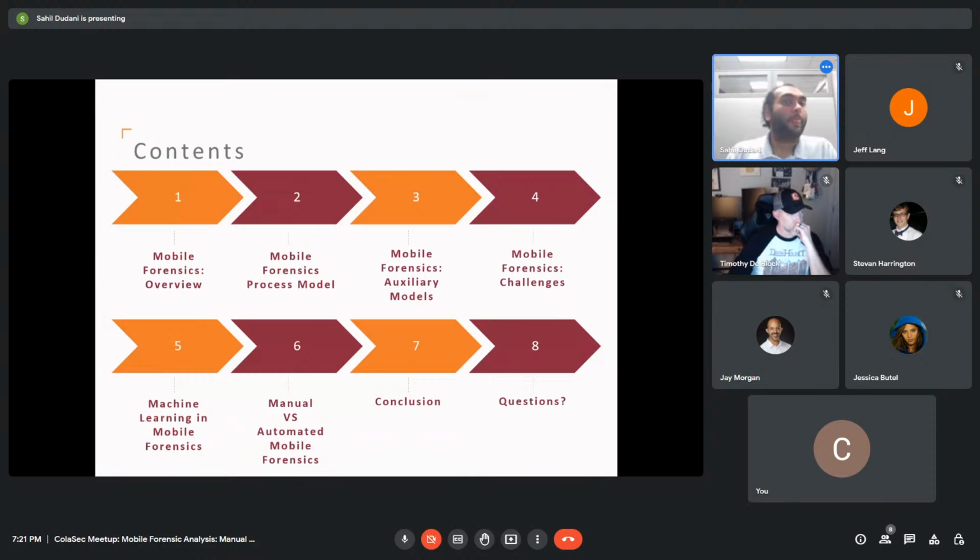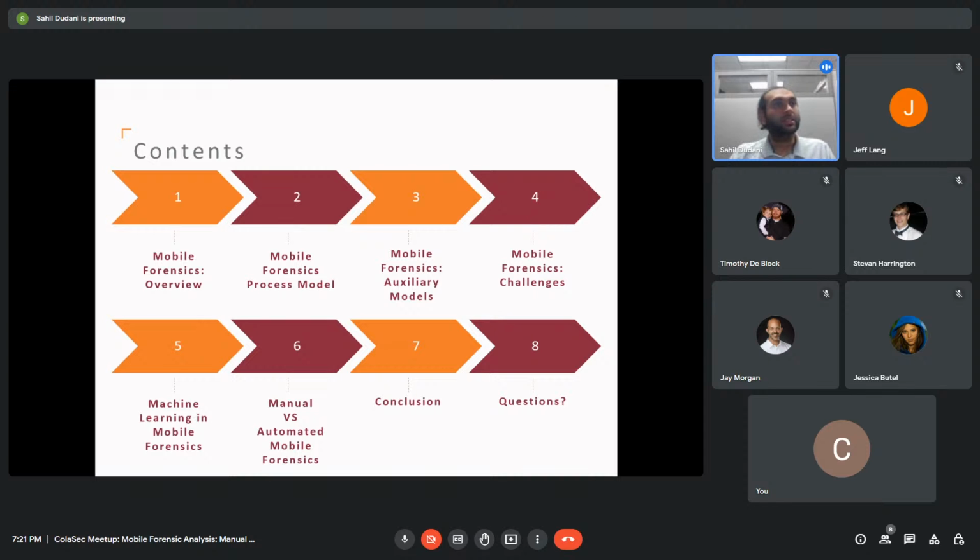Initially, I'm going to provide an overview of mobile forensics, how things work. I'll provide you with a basic process model that is followed by mostly everyone. Followed by that, I'm going to discuss certain auxiliary models which are followed by different investigators in different kinds of cases like child exploitation and copyright infringement and cryptocurrency and all those cases.